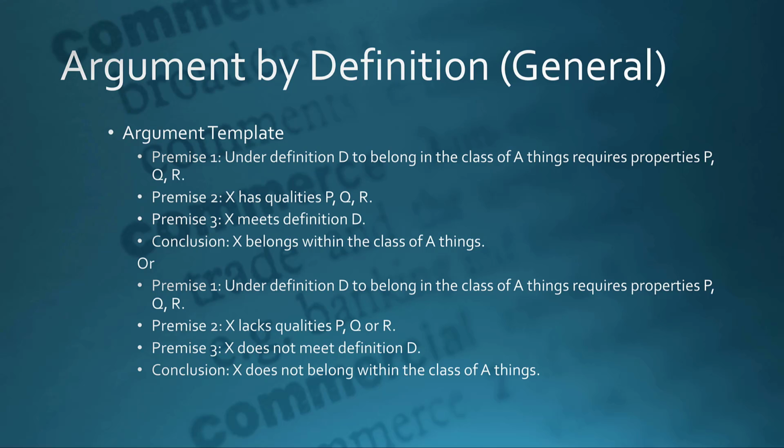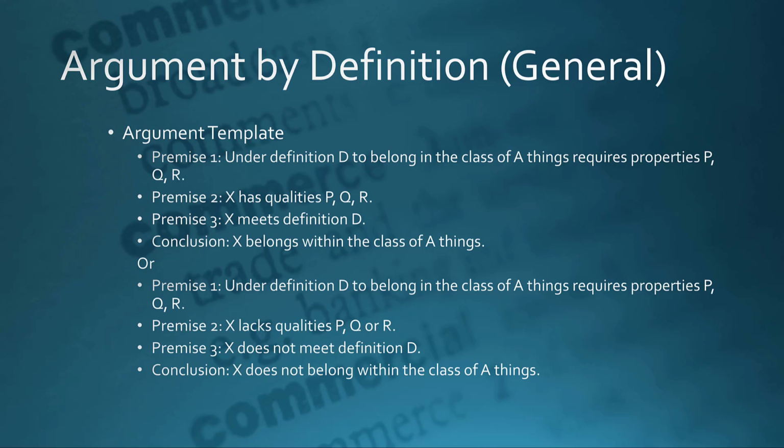So you begin with premise 1, under definition D, whatever your definition is, to belong in the class of A things, whatever class of things you're talking about, requires the properties P, Q, and R, whatever those variables stand for. You would then show that the thing you're talking about lacks the qualities P, Q, or R, then conclude that because of this, it doesn't meet that definition, and therefore it would follow that it doesn't belong in that class of things.